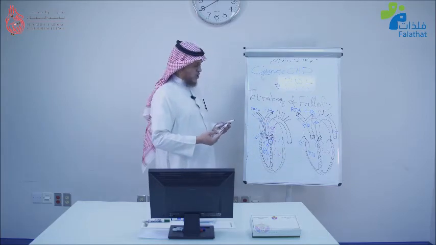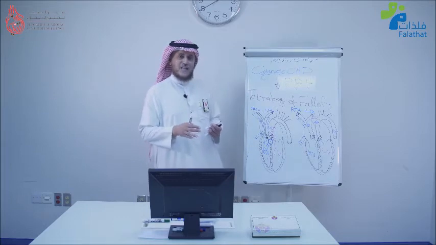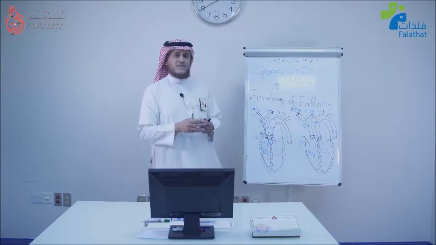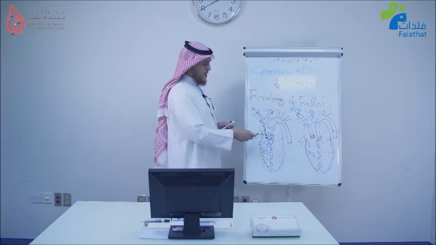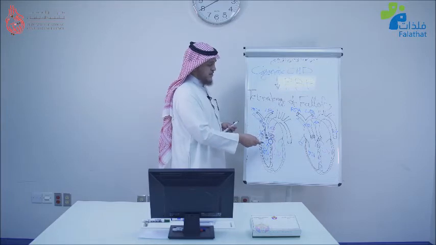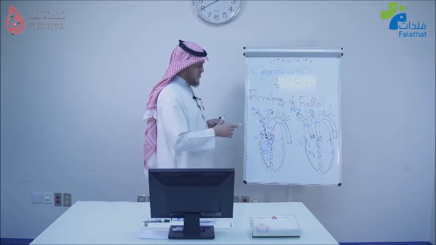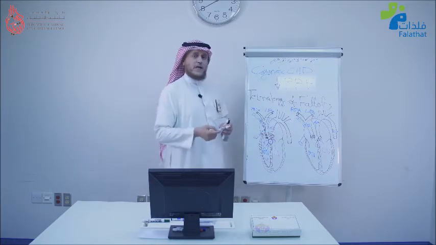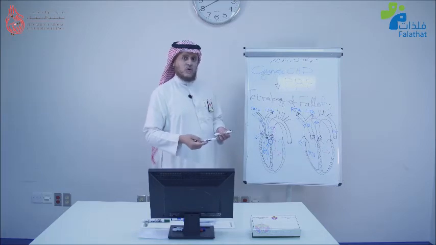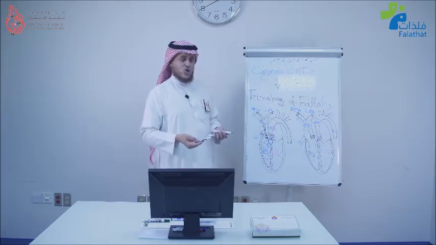So in tetralogy, cyanosis is not a stable number. It's not a stable figure because depending on how much obstruction we have, we will have more right to left shunt. But obviously, because the right to left shunt is mixing on the systemic side, it will be much more cyanosis showing.